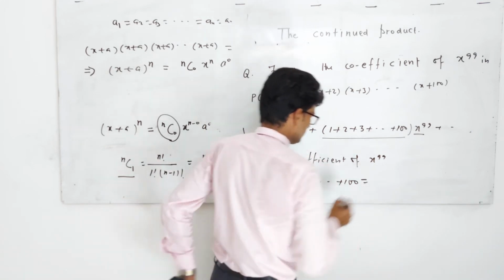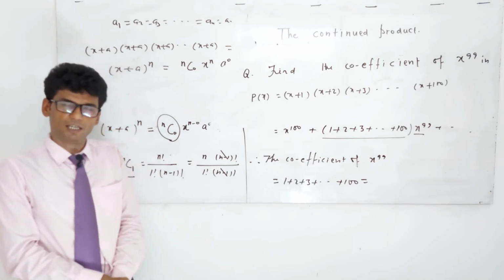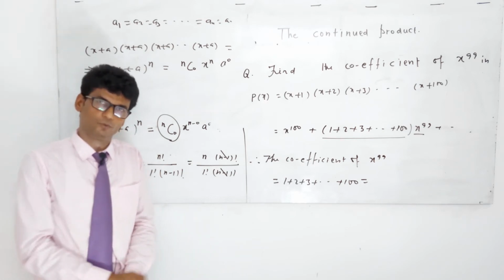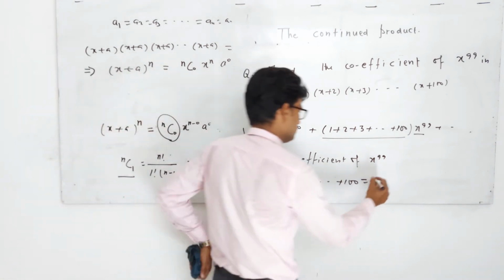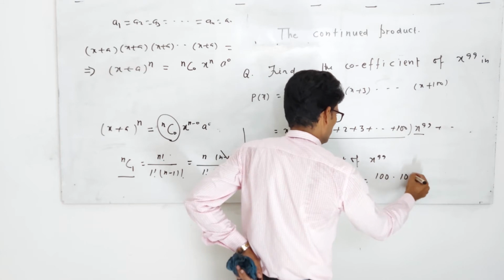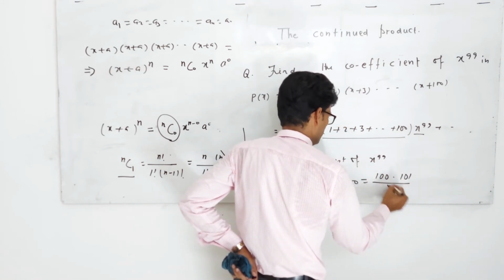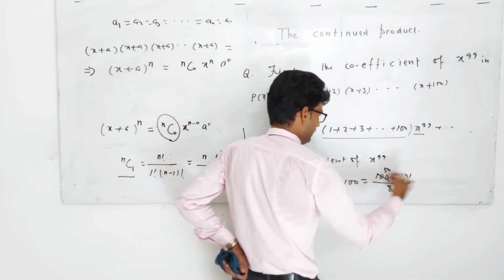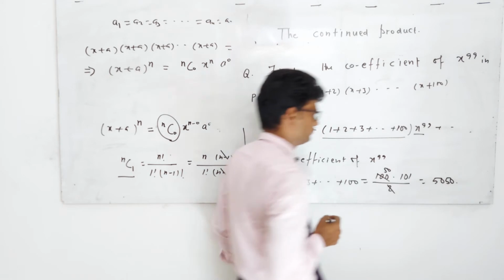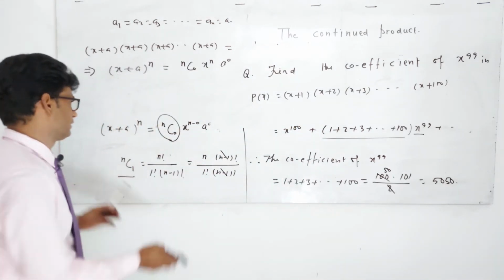So use the result we have learned in the first class, n into n plus 1 over 2. Here n is 100, so 100 multiplied by 100 plus 1, 101, over 2. It comes out to be 50 multiplied by 101, which is 5050. That is our answer. Now we are going to take the next question.